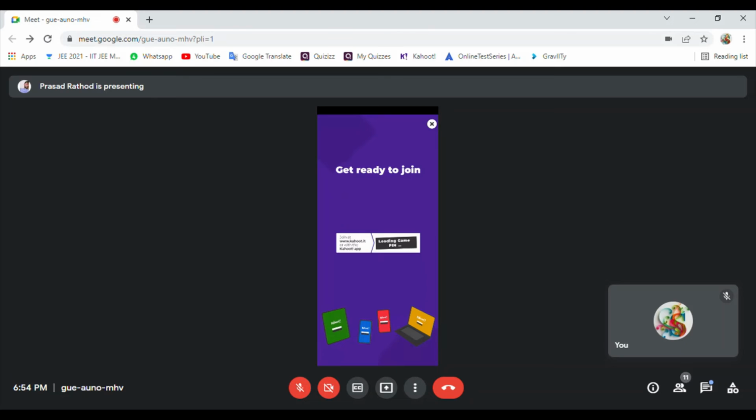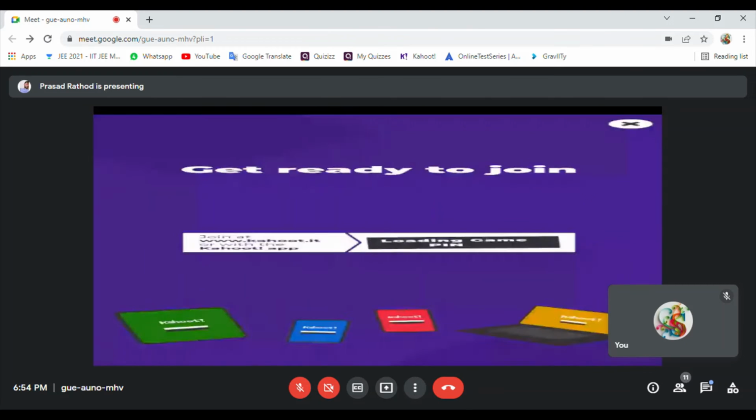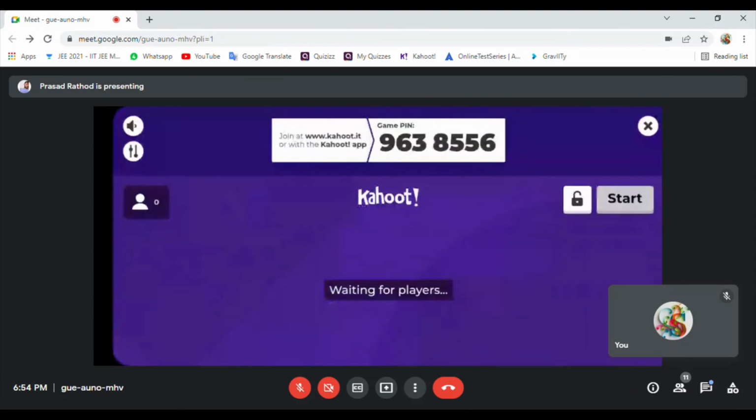It's still loading the game pin. See, this is the game pin, 9638556. Is it visible to everyone on my screen? Yes, it's visible.